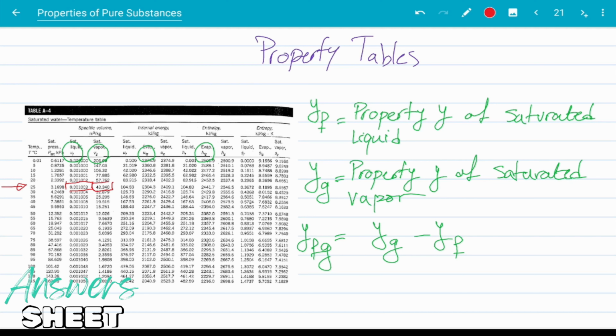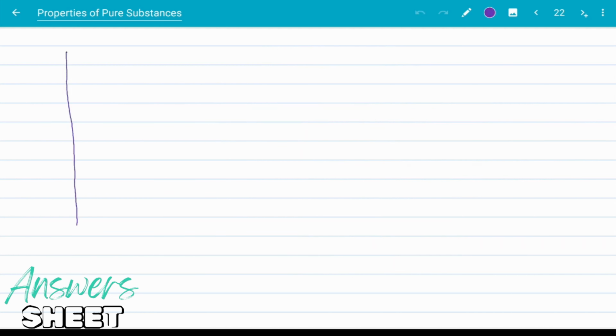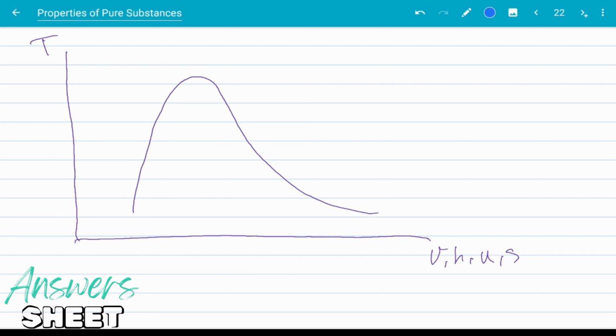Let's show that on our T-v diagram. So if this is T-v, by the way, T-v, T-h, T-u, T-s, all of these look the same. You have the same dome, and we have our constant pressure line. So this here is v of f, or h of f, or u of f, or s of f, whatever.